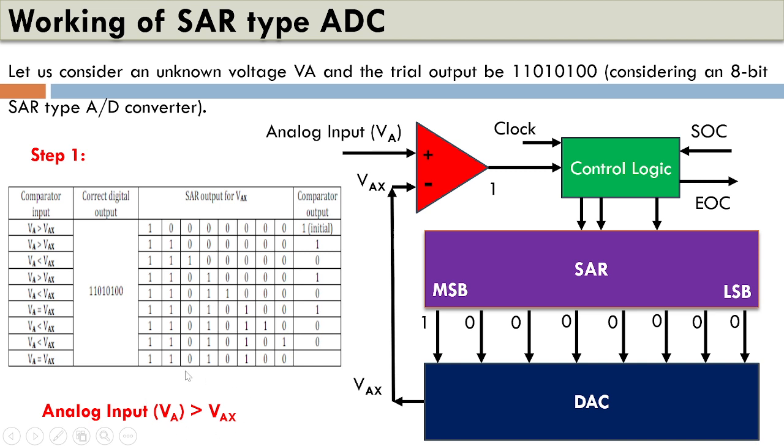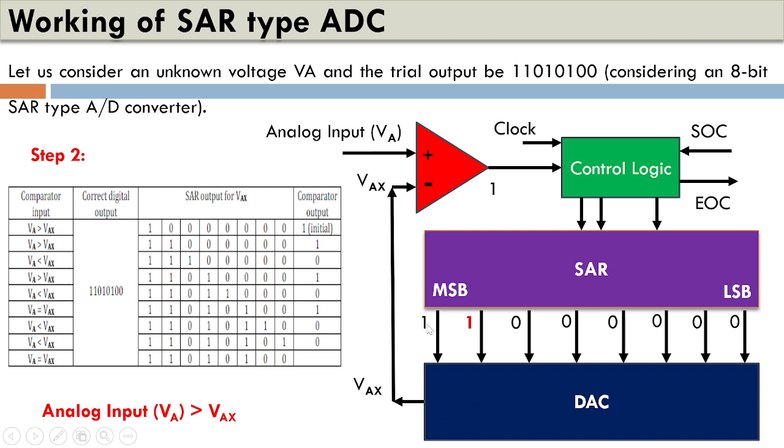So in this particular situation, we will hold this at 1 and proceed to the next bit. At the first step, the initial step, the output of SAR is 1 and it will be kept 1.